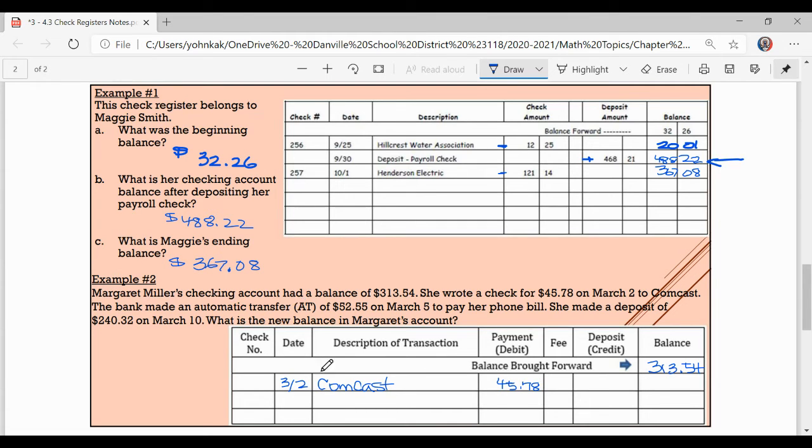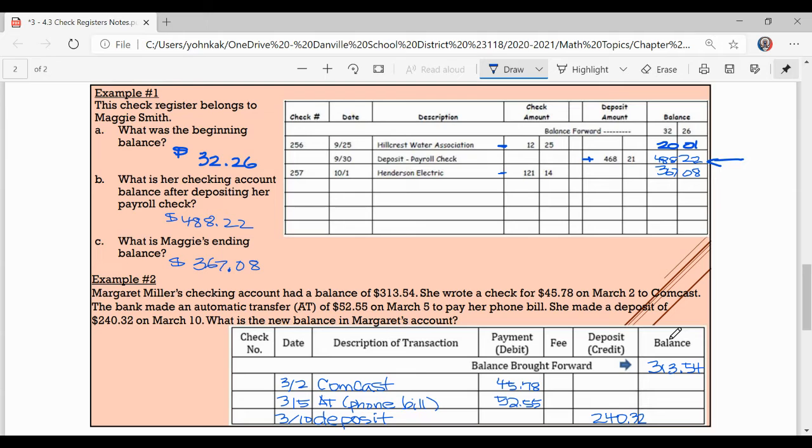The bank made an automatic transfer of $52.55, so that's a payment, on March 5th to pay her phone bill. So we put phone bill. She made a deposit of $240.32 on March 10th.